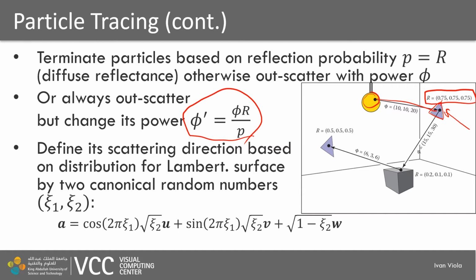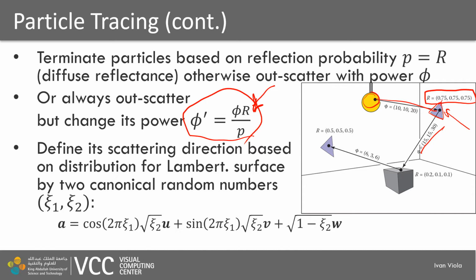Normally, this probability should be higher than the diffuse reflectance values, which is here. But in this particular case, which is in the book, the diffuse reflectance for this triangle is 0.75, and the probability of the bounce is 0.5. That is causing us that we are actually increasing here the power, which should not happen.